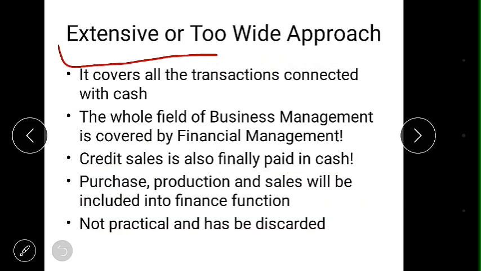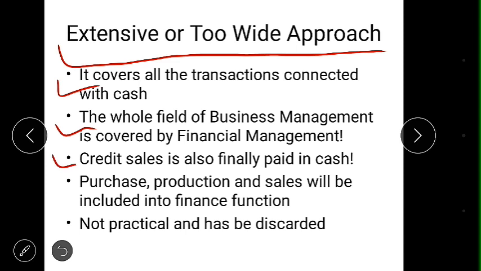Second one, extensive or two-wide approach. It covers all the transactions connected with cash. The whole field of business management is covered by financial management. अब वैसे देखा जाए तो फिर सारी चीज़ें कैश में ही हैं.